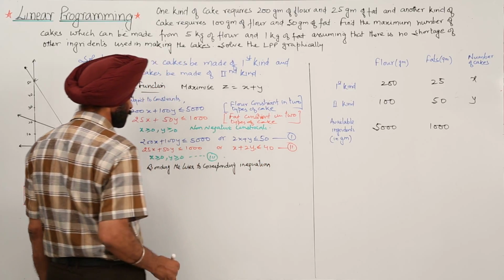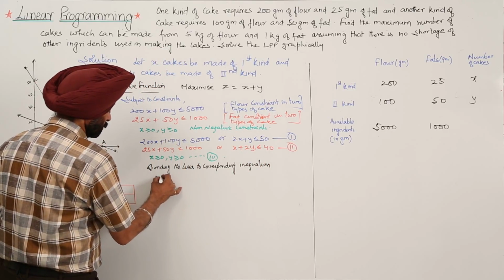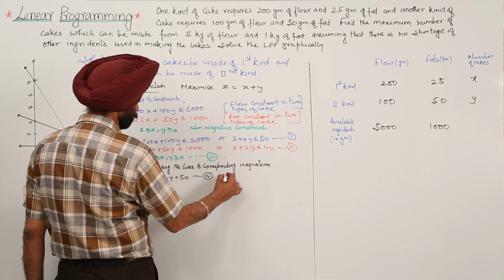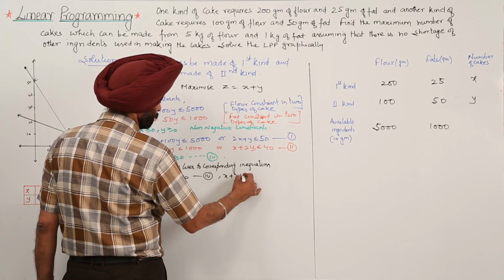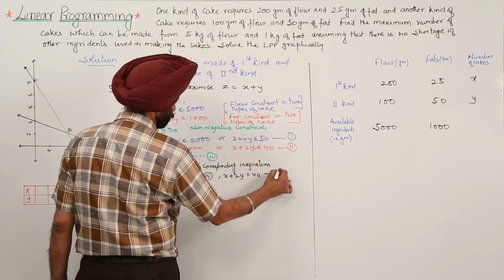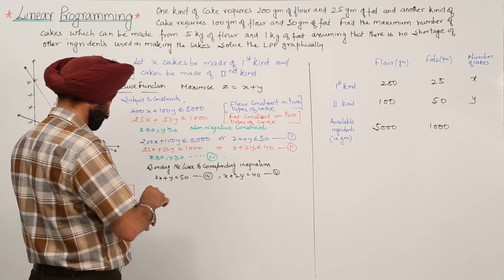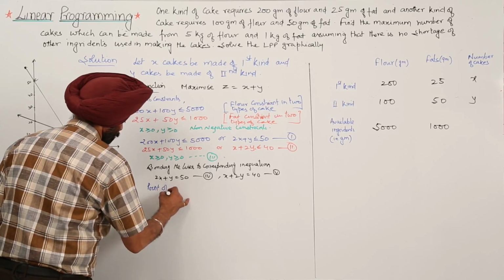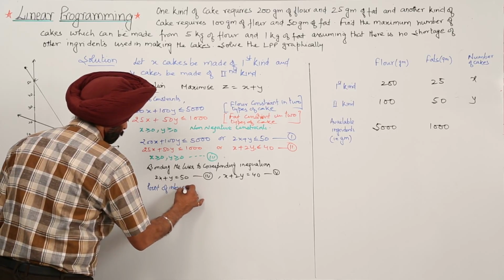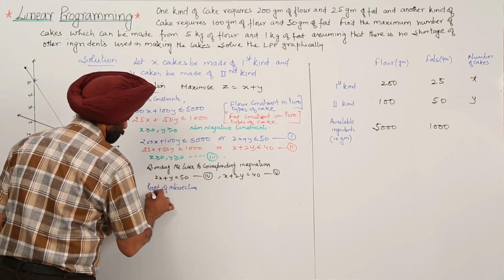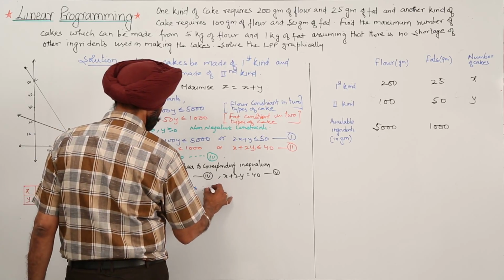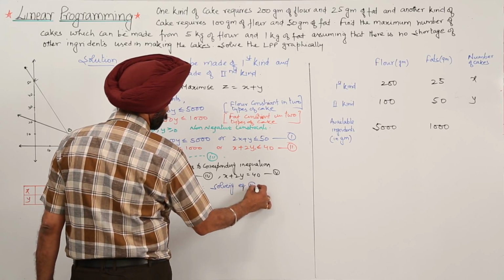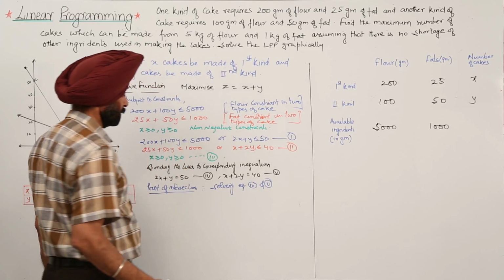Converting the inequations into the corresponding equations, we have 2x plus y is equal to 50, fourth, and x plus 2y is equal to 40, fifth. Point of intersection, solving equation 4 and equation 5.